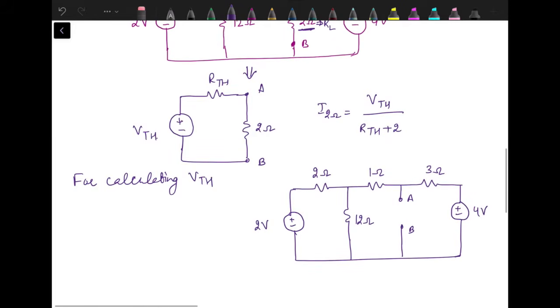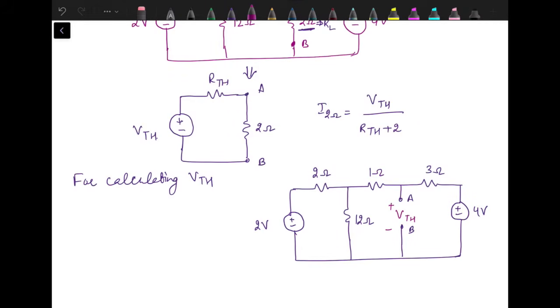So these are the different resistances. We need to find the voltage over here. Let's say this is the assumed polarity.